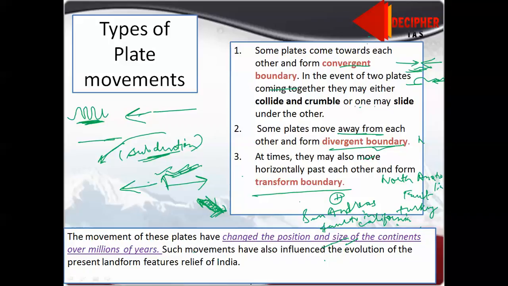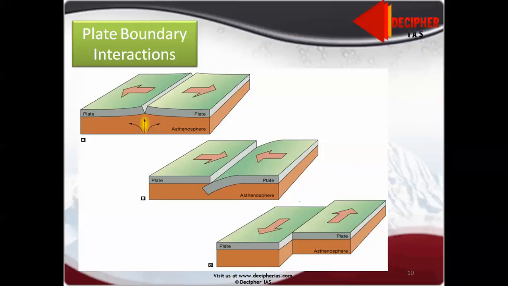Right? So now coming in detail a little. First of all, about the convergence of plates, that is, convergent boundary interactions. Now it is very important. I need to divide it into 3 parts.